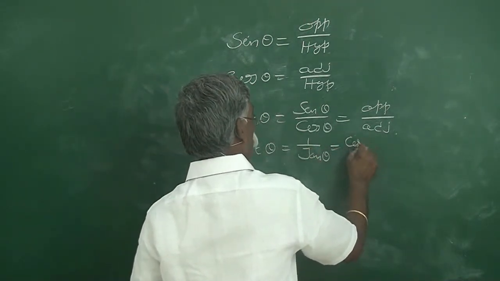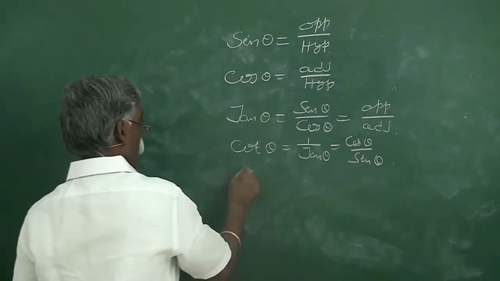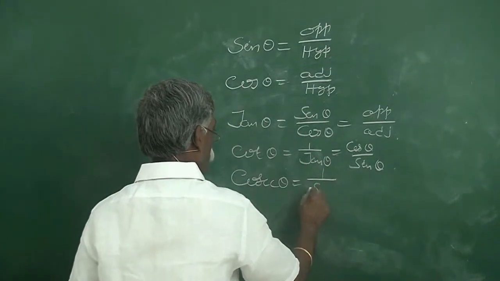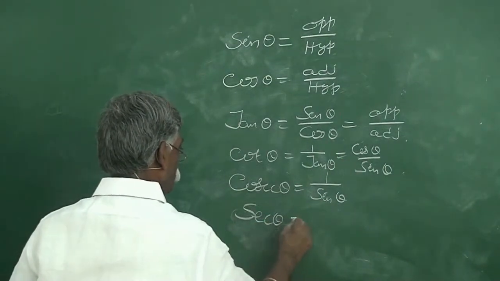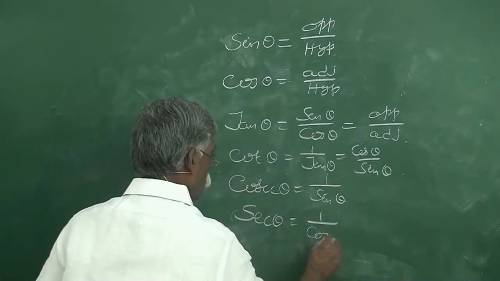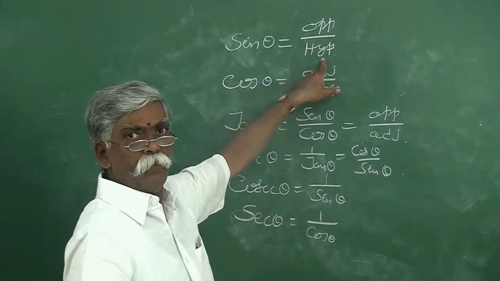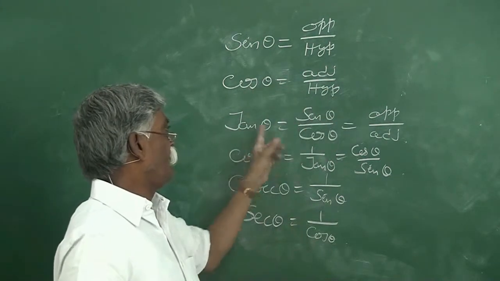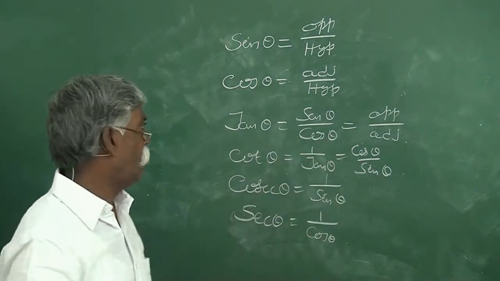This is also equal to cos theta by sin theta. And cosecant theta is the reciprocal, 1 by sin theta. And secant theta is 1 by cos theta. So sin theta is opposite by hypotenuse, cos theta is adjacent by hypotenuse, and tan theta is opposite by adjacent. It is also equal to sin theta by cos theta.